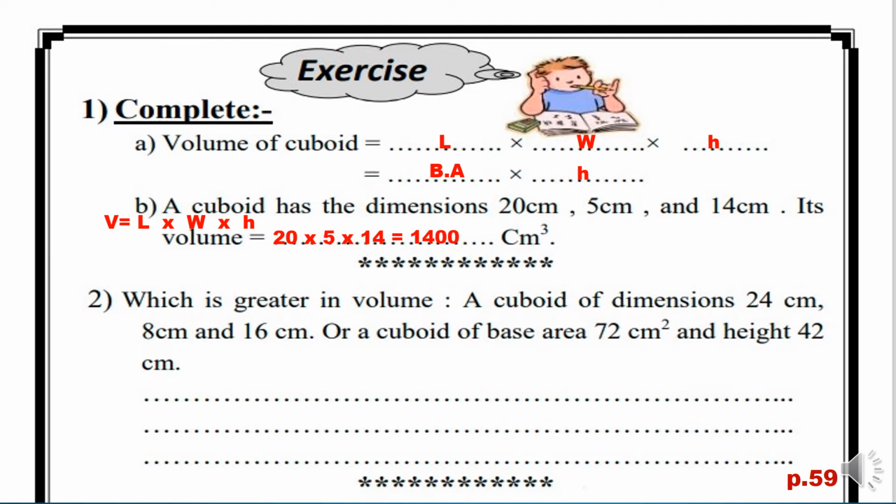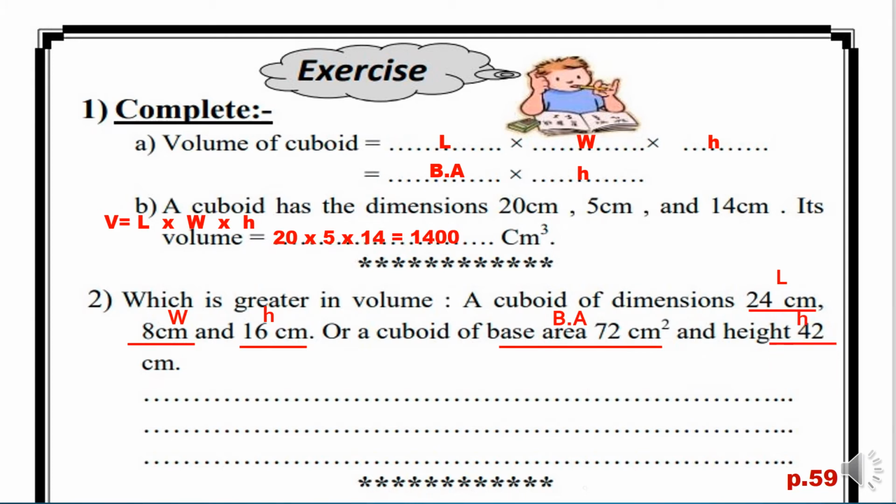Number 2. Which is greater in volume? A cuboid of dimensions 24 centimeter, this is the length, 8 centimeter, this is the width, and 16 centimeter, this is the height, or another cuboid of base area 72 centimeters squared and height 42 centimeters.